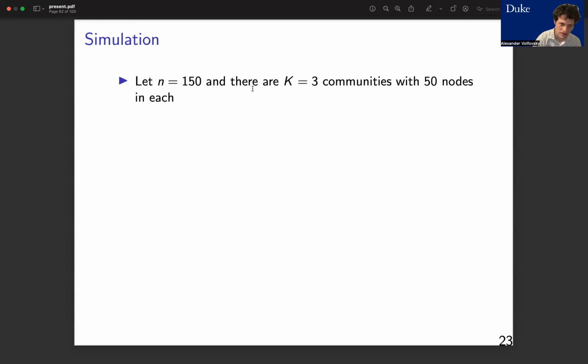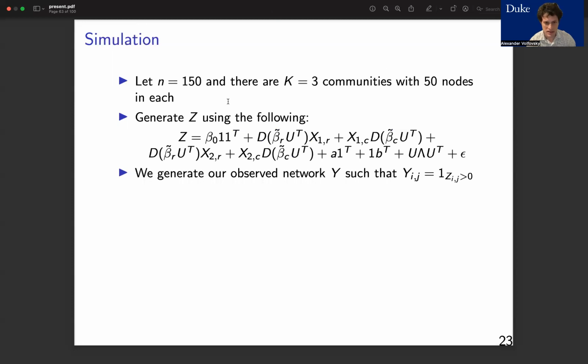So let's imagine you have 150 people. There are 3 communities with 50 individuals in each community. This is the structure. There is a dyadic coefficient. There are row covariates and column covariates, and there are 2 of each of them.